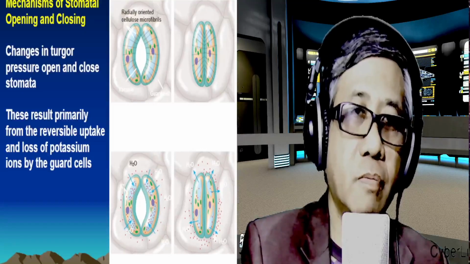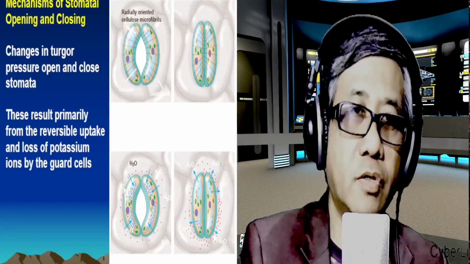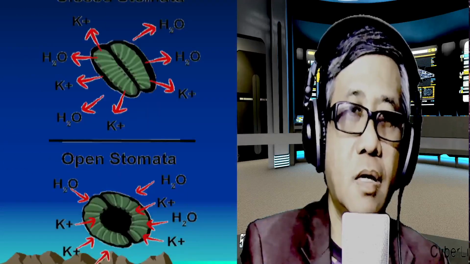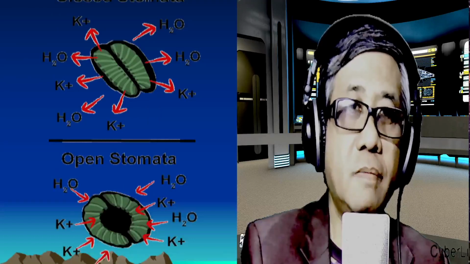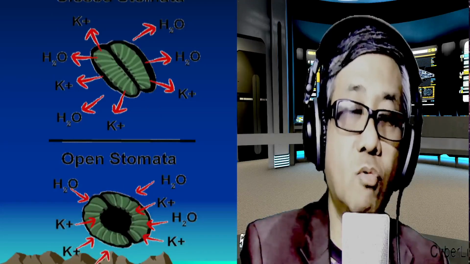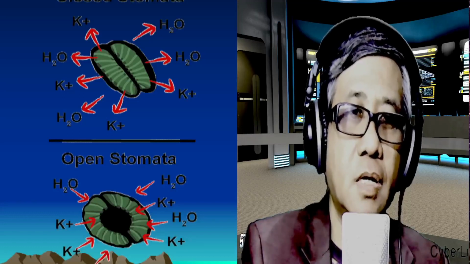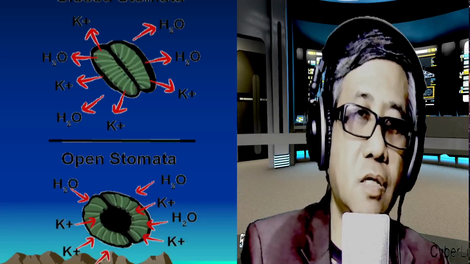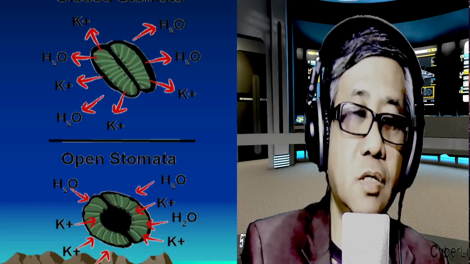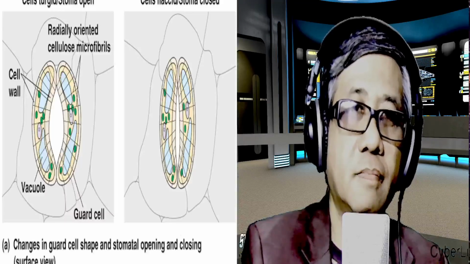These result primarily from the reversible uptake and loss of potassium ions by the guard cells. As the potassium ions leave the guard cells, water also moves out, and this will close the stomata. When potassium ions enter, water also moves in, and this will open the stomata.